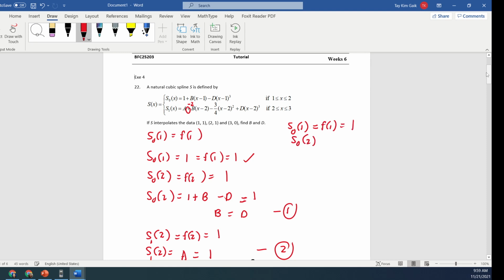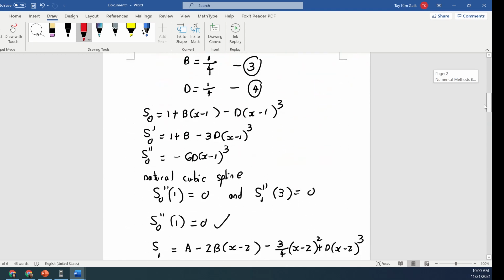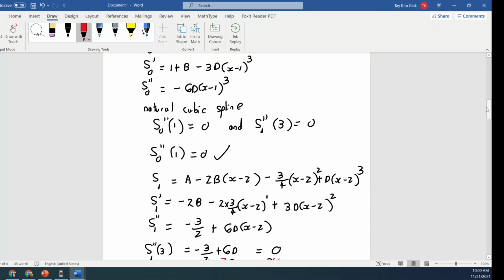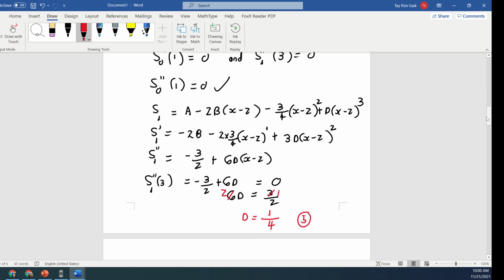S1(2) should equal F2, which is 1, and S1(3) should equal F3, which is 0. We use these 4 conditions to find A, B, and D. The natural cubic spline also satisfies that S naught double prime at the starting point is 0 and S1 double prime at the ending point 3 is 0. We do it, and we also get a consistent d equal to 1/4. With this, thank you for your attention.